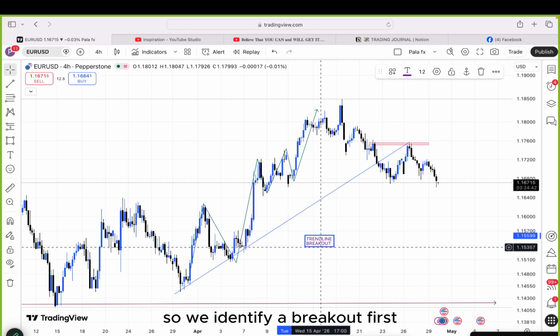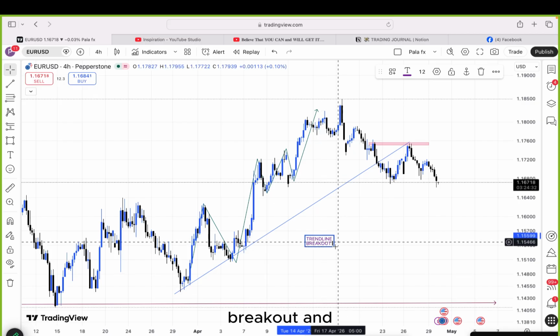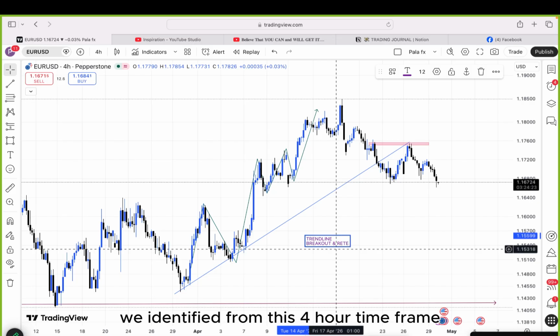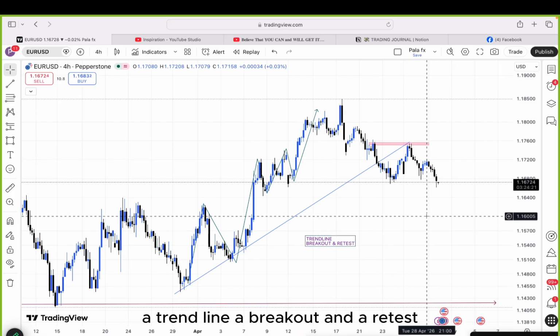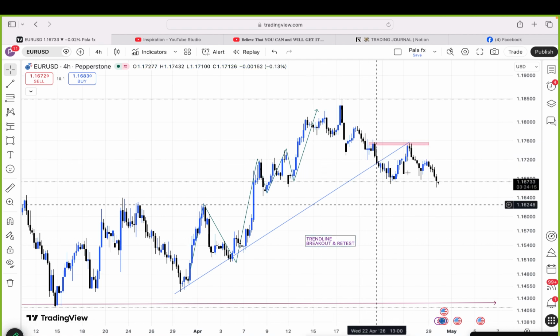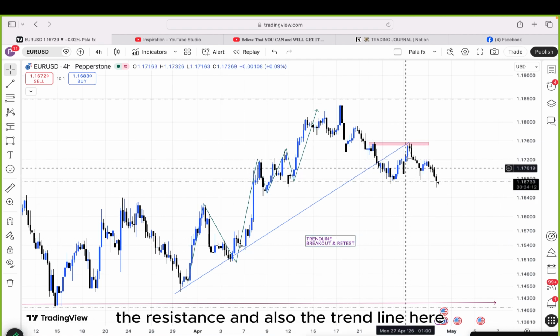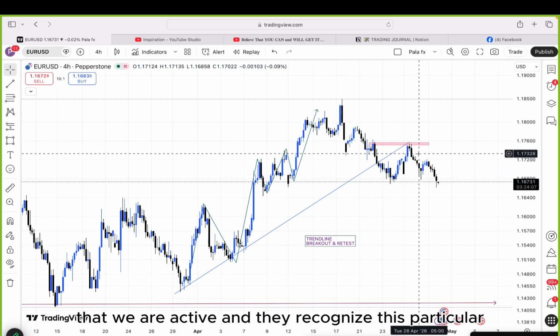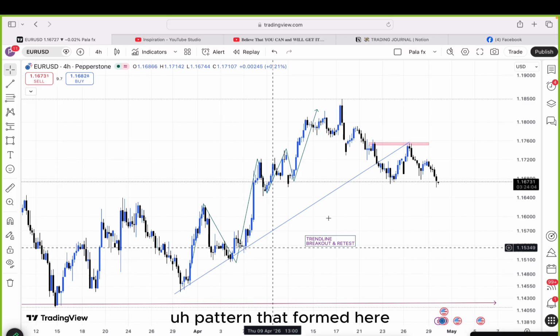So we identify a trend line first, then a breakout, then breakout and retest. These are the three things we identified from this 4-hour time frame: a trend line, a breakout, and a retest. Because after breaking out from this trend line, it still retested the resistance and also the trend line here.